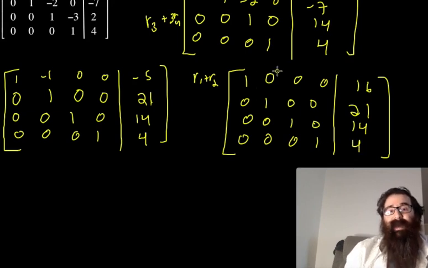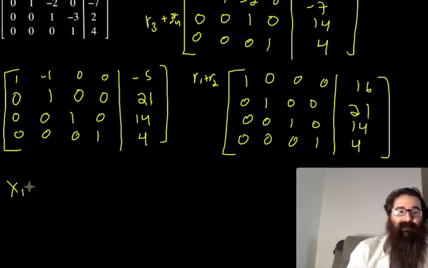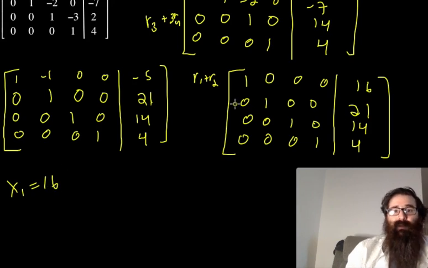And now if I look at what I have, these are very sort of boring rows to work with. They're giving me all of the pieces of the solution. This first row says x1, and then all these zeros mean the other variables are getting killed off by their coefficients. x1 equals 16. Second row tells me x2 equals 21.